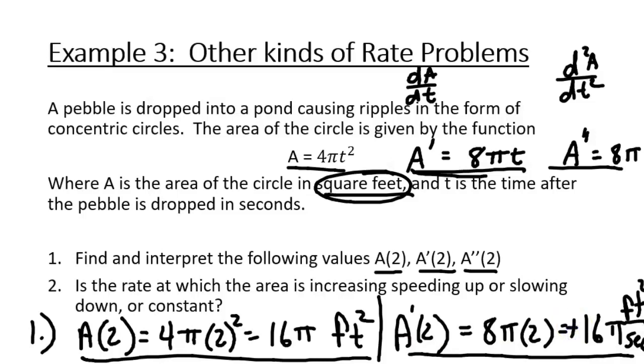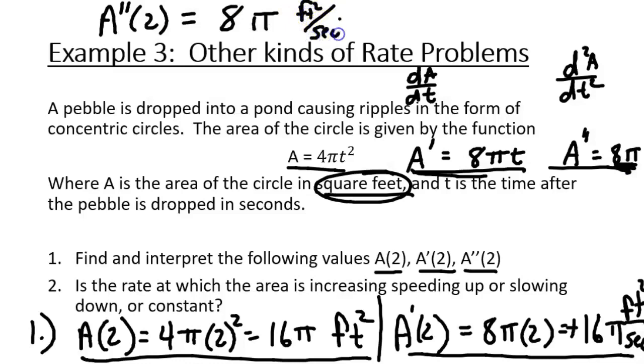Okay, now I'm not going to write these interpretations out just because I'm kind of low on space here, as you can see. As for the last one, A double prime, if you plug in 2, you can't plug 2 in, there's no t. So the answer is just 8 pi, and that is going to be in square feet per second squared.